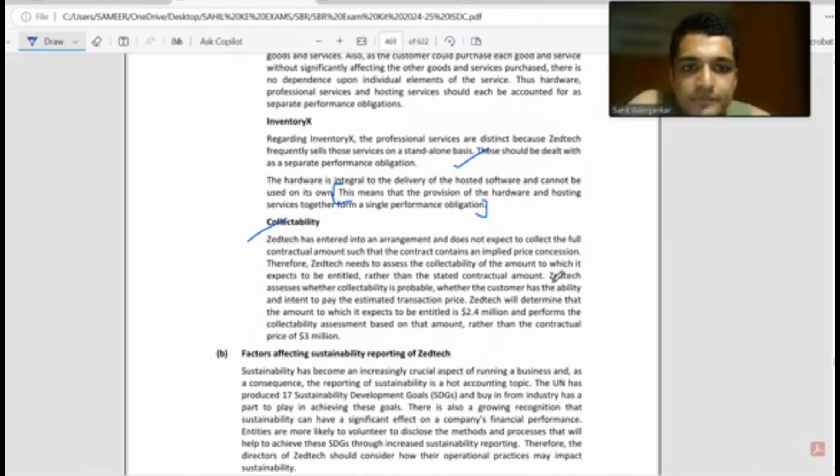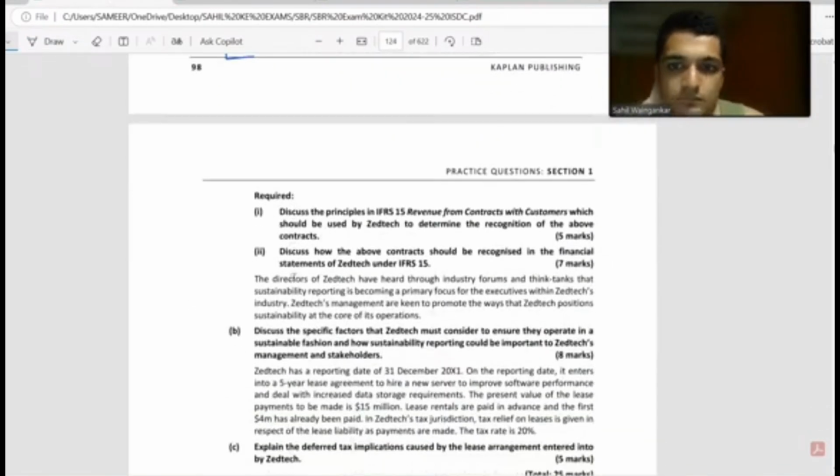You see here, Zedtech assesses whether the collectability is probable, whether the customer has ability to or an intent to pay the estimated transaction price. अब अगर नहीं है estimated transaction price करने की वो क्षमता, तो क्या होगा कि Zedtech will determine that the amount to which it expects to be entitled is 2.4 million and performs the collectability assessment based on that amount. अभी ये जो भी कलेक्टिबिलिटी असेसमेंट है वो ये 2.4 मिलियन के भी बेसिस पे करेगा कि मेरे को 2.4 मिलियन ही मिलने वाला है. That's it, और कुछ नहीं है इसमें.